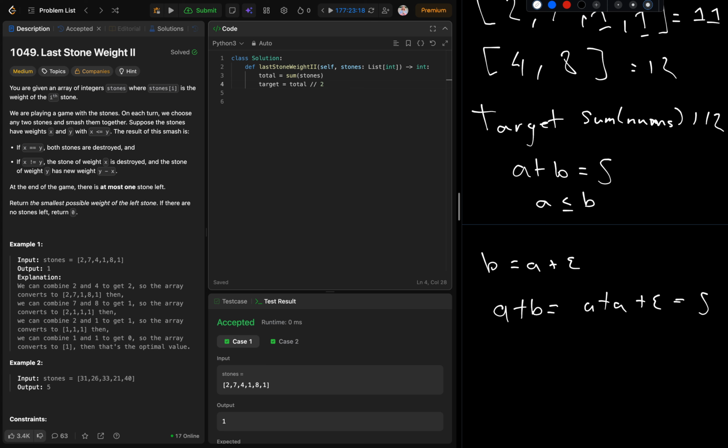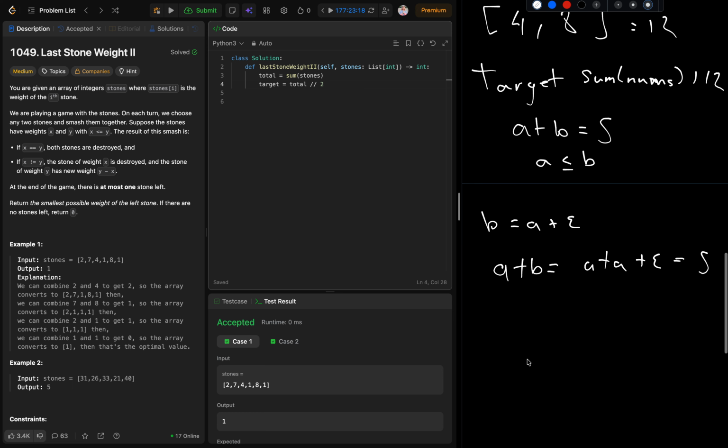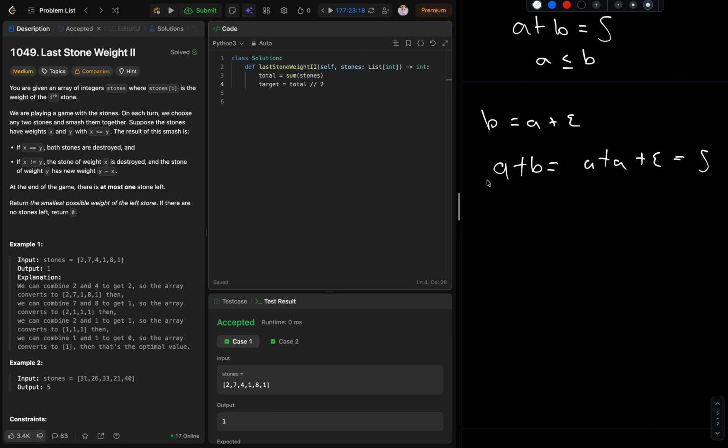And how this relates back to dynamic programming is, we're going to have some max capacity, which is our target. If we're at this max capacity, what is our total sum?